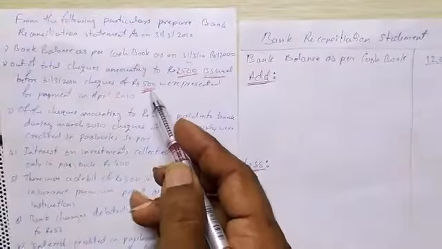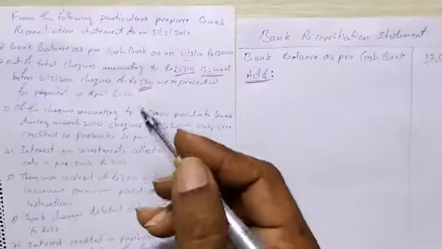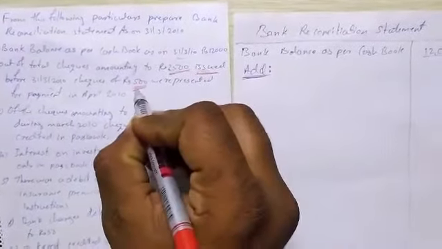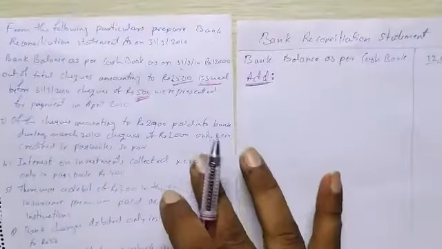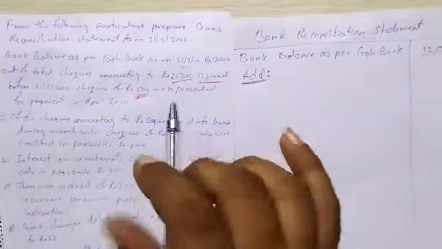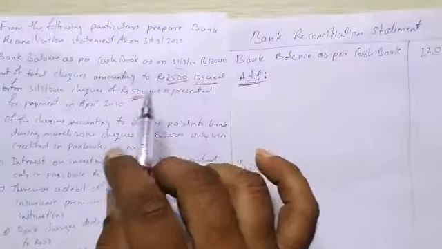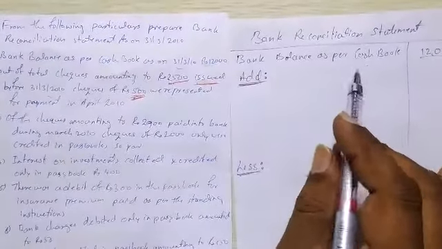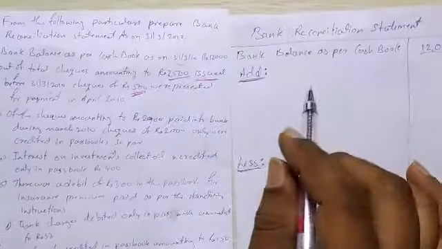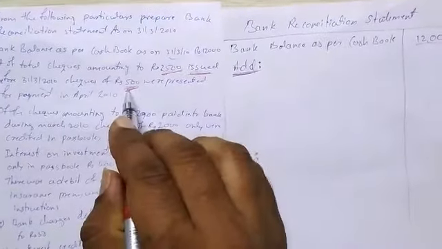Since our cash book balance is showing less, and that amount was not actually deducted from our bank, the bank balance is showing more. So it should be added to the bank balance as per the cash book. To the cash book balance, the amount of 500 rupees should be added.